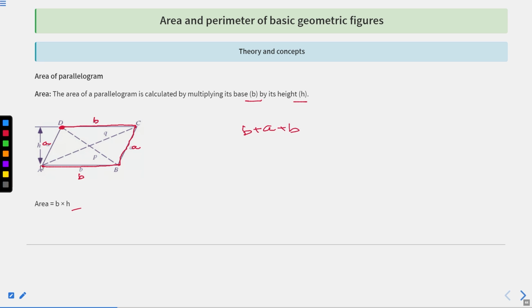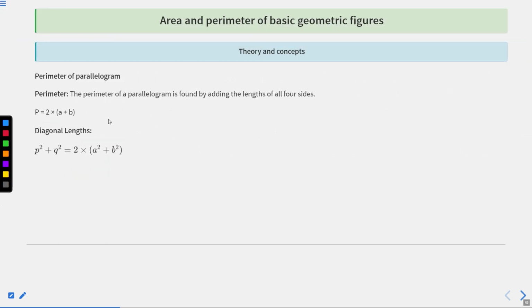B plus A plus B, and from A to D I reach D again. So distance covered by me was A. So in this complete loop, how much distance did I cover? I covered B plus A plus B plus A. That is nothing but 2 times of A plus B. So perimeter of our parallelogram is 2 times of A plus B.